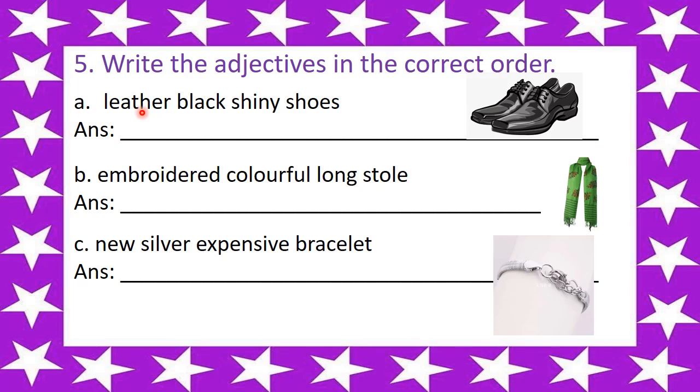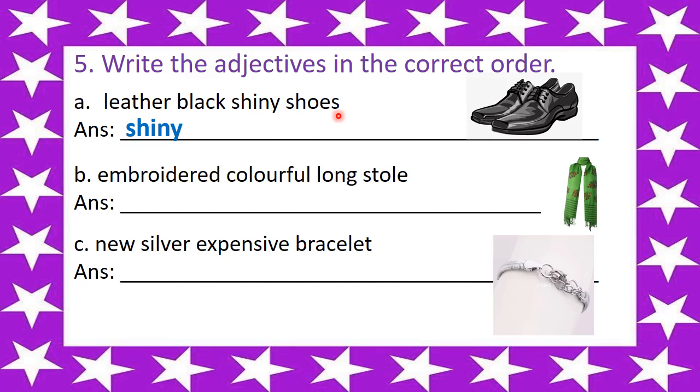So A, leather, black, shiny shoes. So as we learned previously, what is the correct order? First, what we have to see? We have to see the description. So according to that, first we'll write what? Shiny. Okay. Then next was what? It was size. So is size here? No. Then shape. Then shape is also not there.